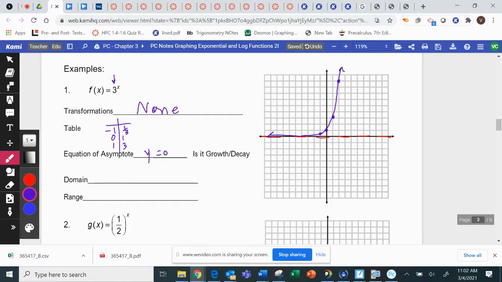So left to right, is this graph growing or is it getting smaller? This is a growth, right? And the reason why it's growth is because every time I increase the exponent, we're multiplying by another 3.